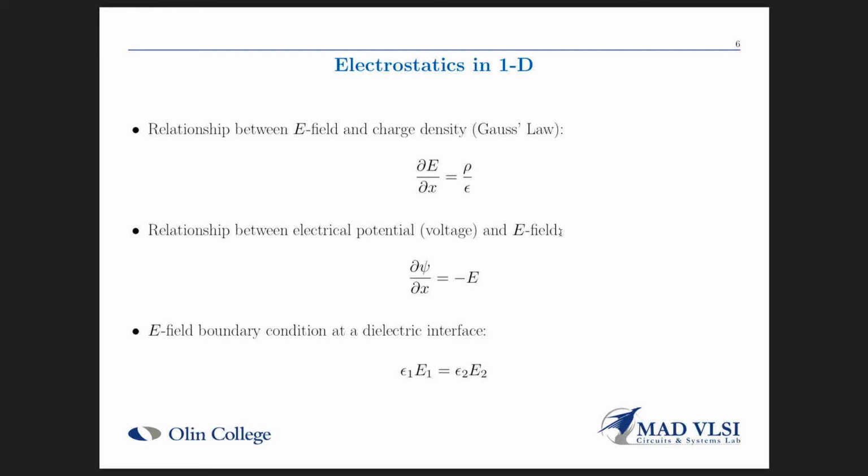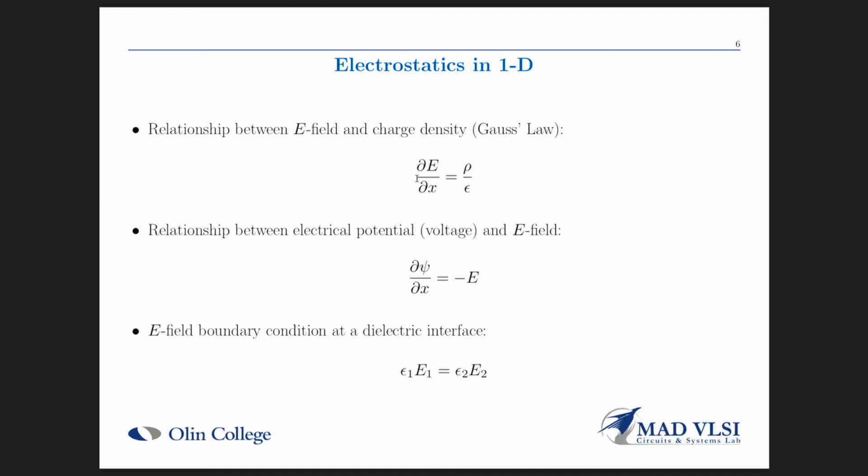And we're always going to be doing this in one dimension, and so I just want to review these basic relationships. So the first one is something called Gauss's law. And this is a relationship between the divergence of the electric field, which is del dot E, where E is the electric field vector.